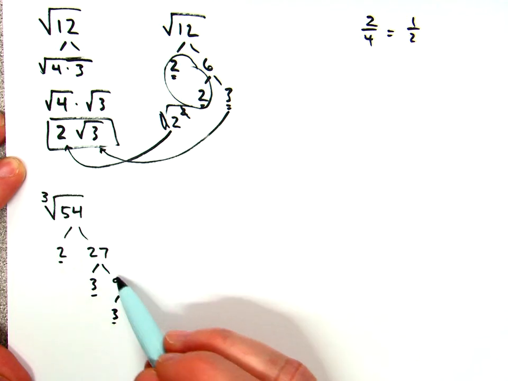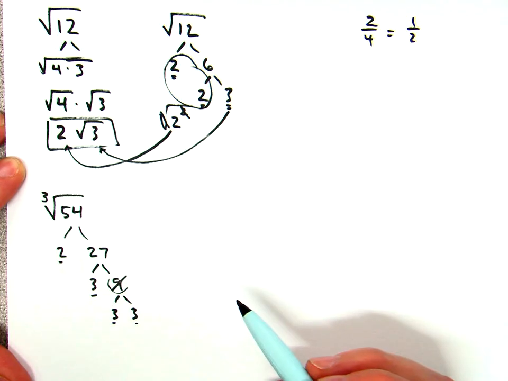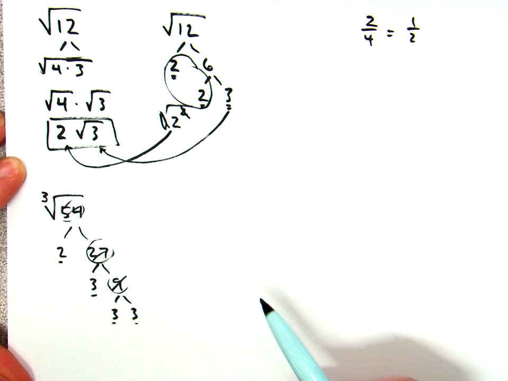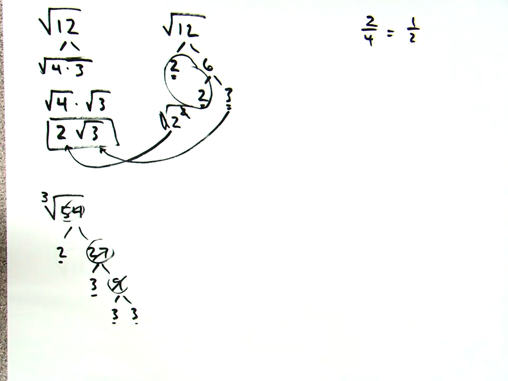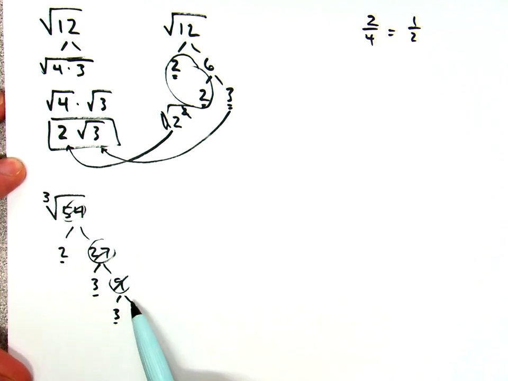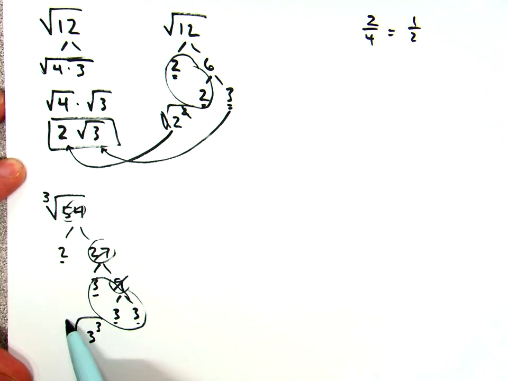We're not interested in the 9 anymore, because the 9 broke down. We're not interested in the 27 or the 54, because they broke down. Only the values that we broke them down to. But since it's a cube root, we're looking for 3 of the same number to pull a value out. So since we have 3 3's, which is like 3 cubed, we know that a cube root and a cube would cancel, right?